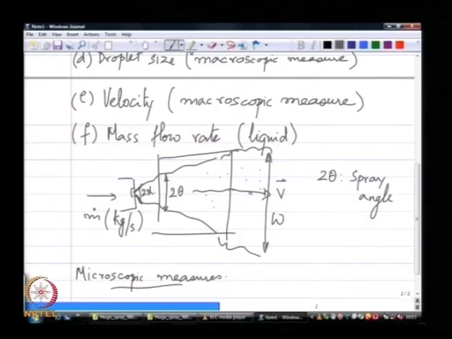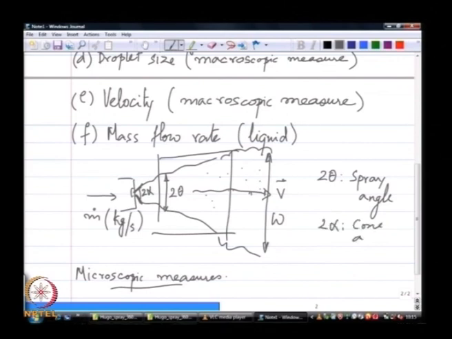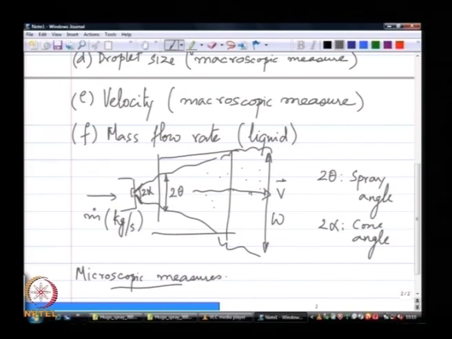The cone angle is slightly different, we will look at that in some detail, in the sense that the angle very close to the nozzle would be slightly different for different fluid mechanic reasons, and that is often referred to as the cone angle. So, you have a cone angle that is usually larger than your spray angle.